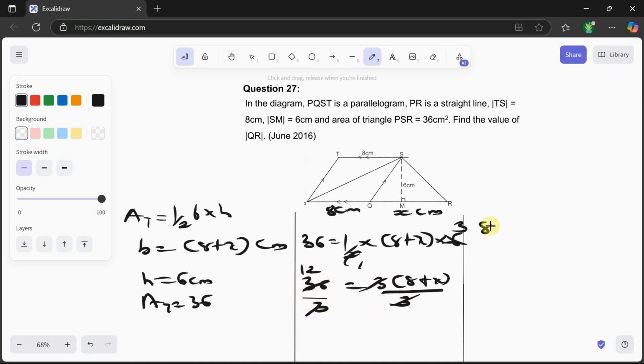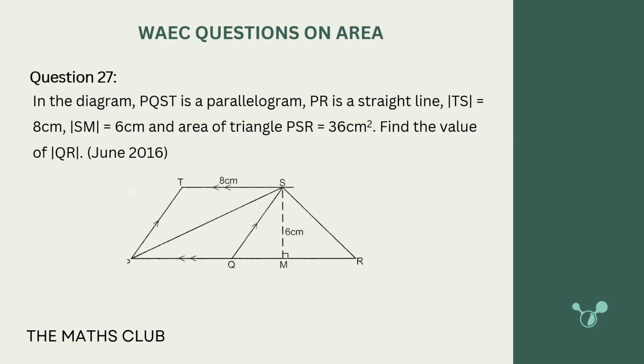So 8 plus X is equal to 12, and then my X is equal to 12 minus 8, which is equal to 4 centimeter. So my X is 4 centimeter, which is the length QR. Is that what they said we should find? Yes. So we can say therefore length QR is equal to 4 centimeter.